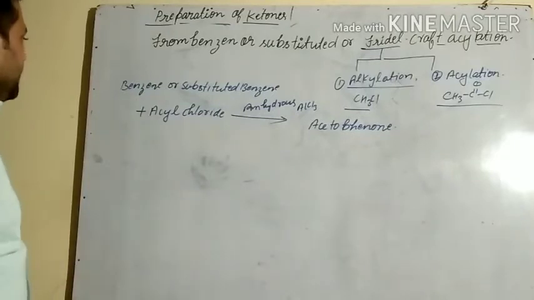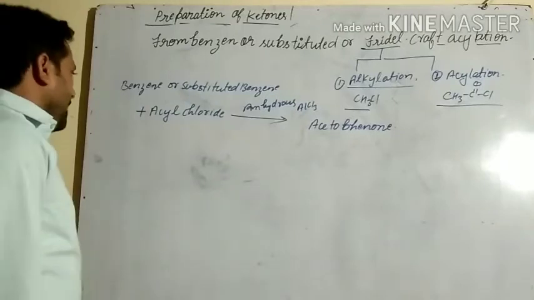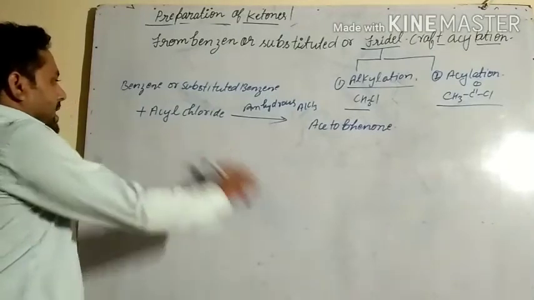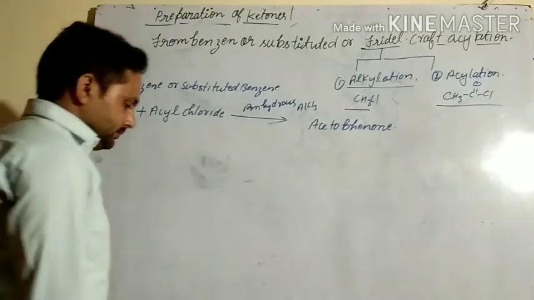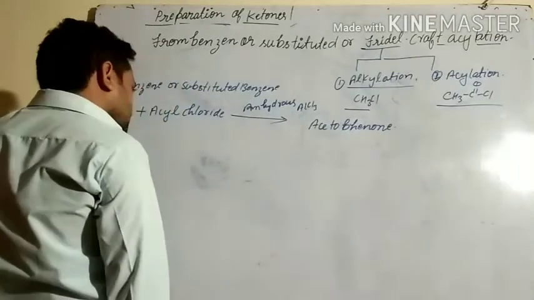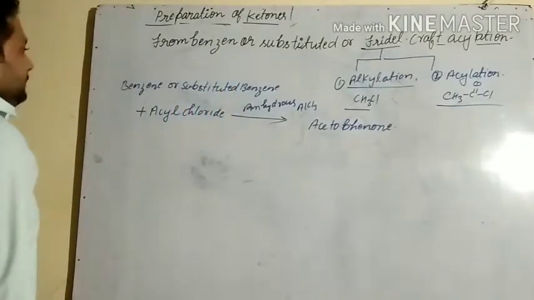So what have we seen? Benzene or substituted benzene is made to react with acyl chloride in presence of anhydrous AlCl3 and gives acetophenone. Let us write the reaction.